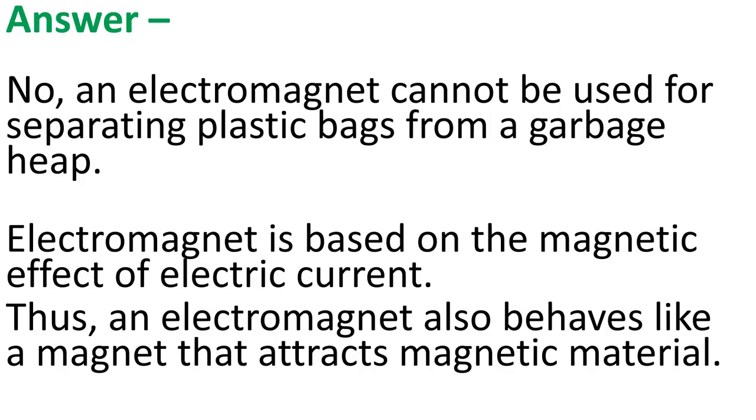Electromagnet is based on the magnetic effect of electric current. Thus, an electromagnet also behaves like a magnet that attracts magnetic materials.